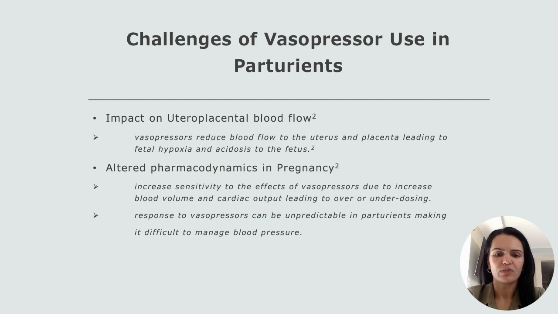Vasopressors work by constricting blood vessels to raise blood pressure, but this vasoconstriction can also reduce the blood flow to the uterus and the placenta. Adequate blood flow to the placenta is crucial for delivering oxygen and nutrients to the baby, and any reduction can potentially lead to fetal distress or other complications.